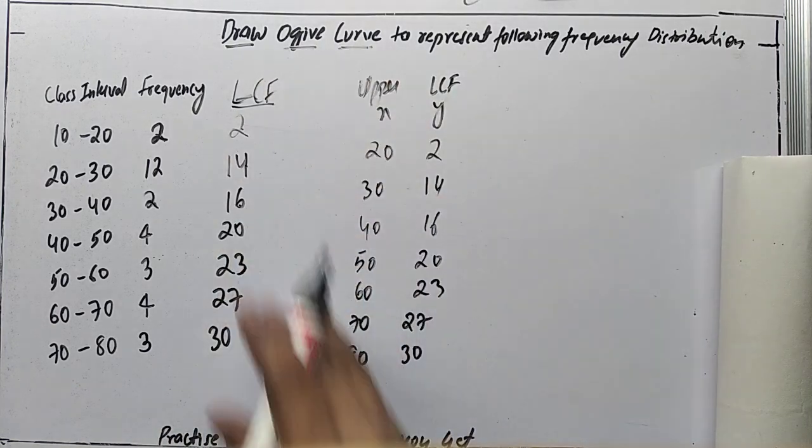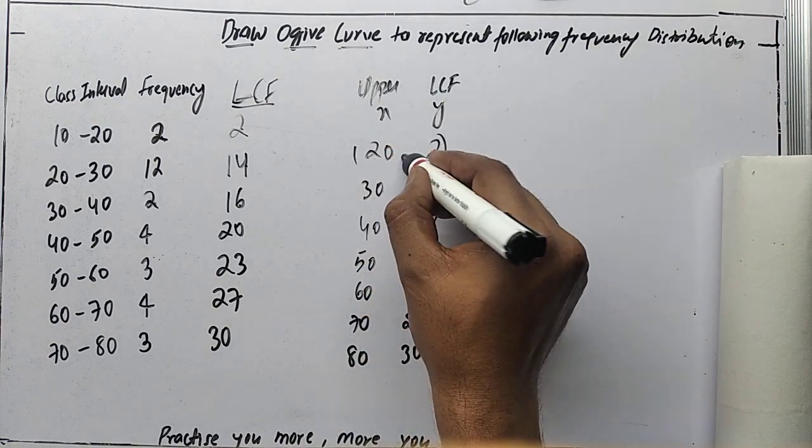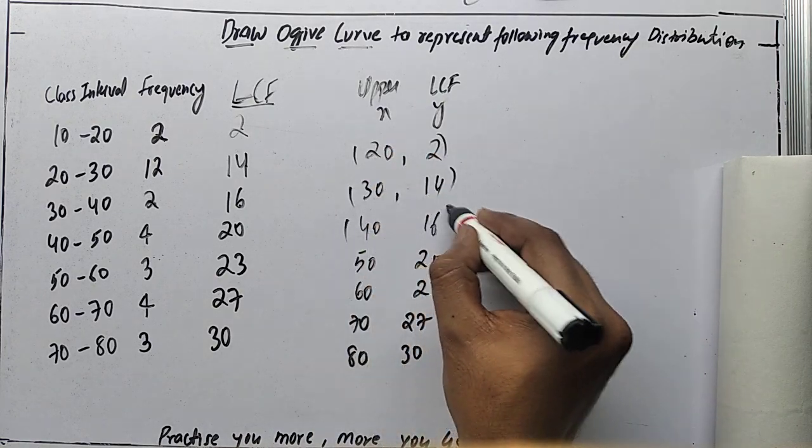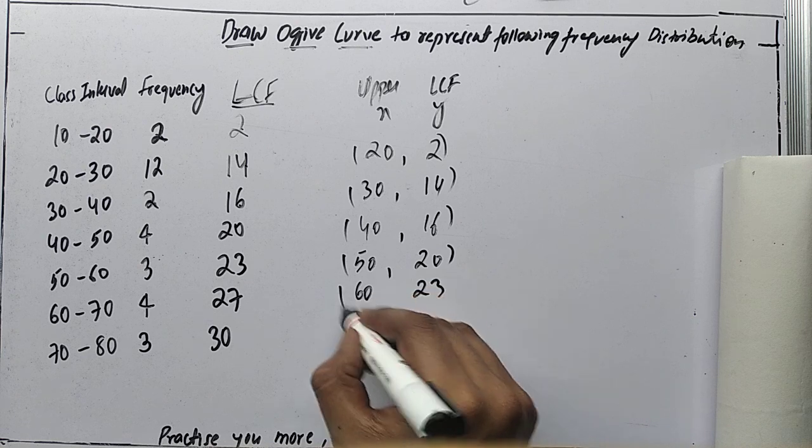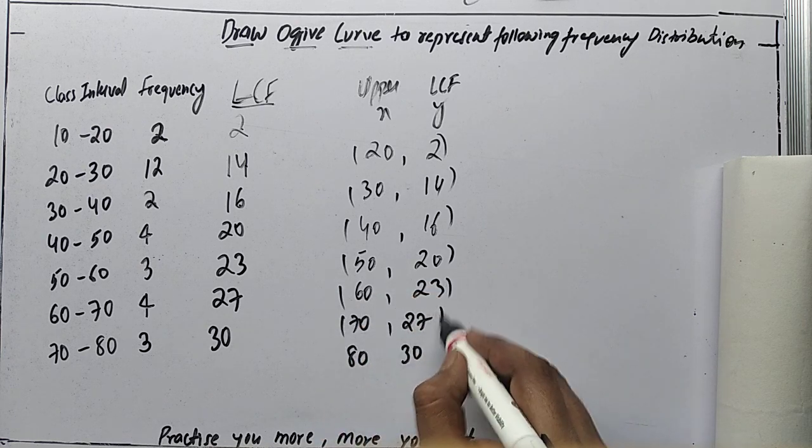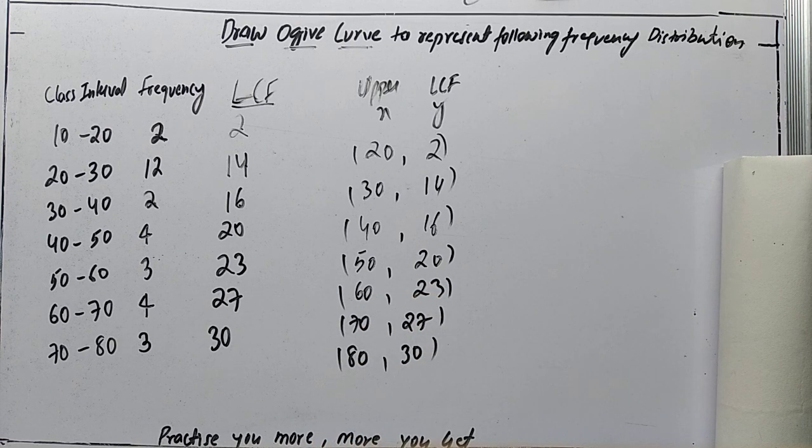Okay, these are the points which you have to plot on a graph, so that you get the less than cumulative frequency Ogee curve. We will be drawing it on a graph.